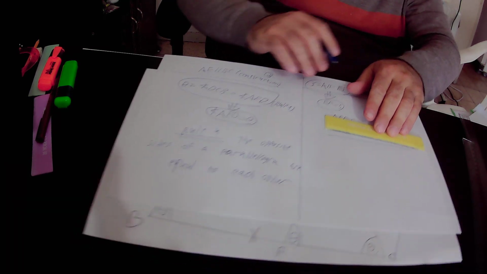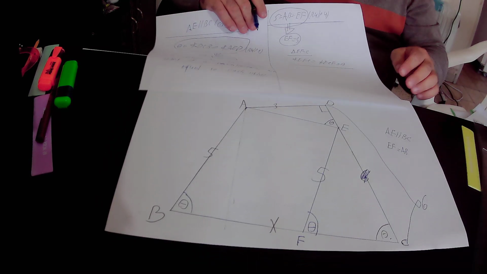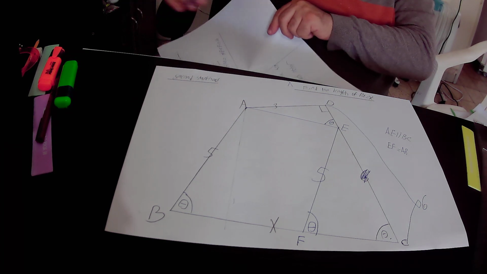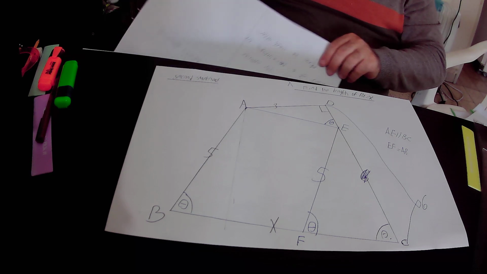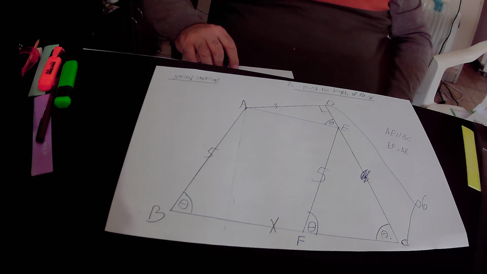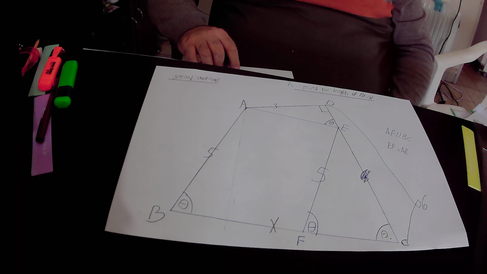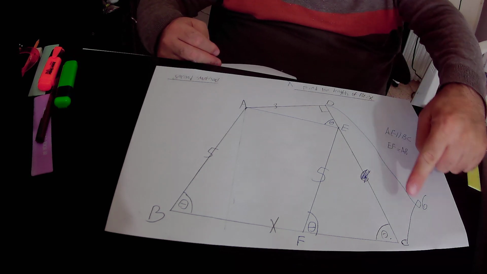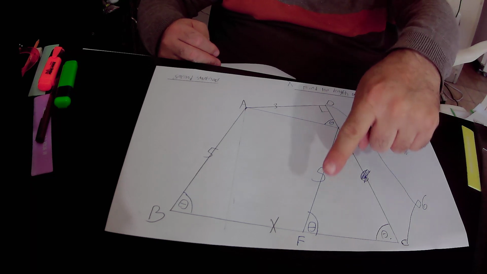And we have the rule number 1 that I mentioned in the first method: in front of equal angles in the triangle there are equal sides. That is to say, EC will be equal to EF.